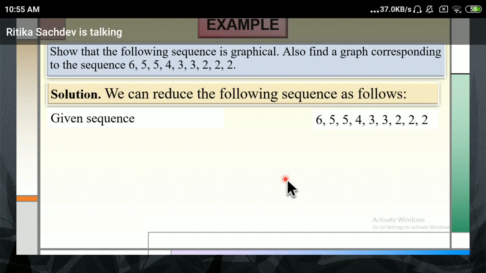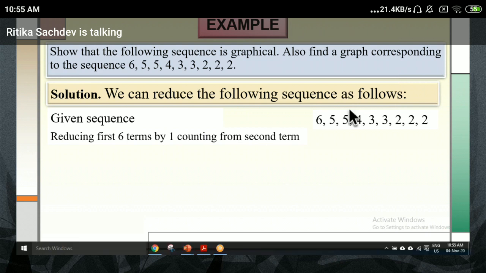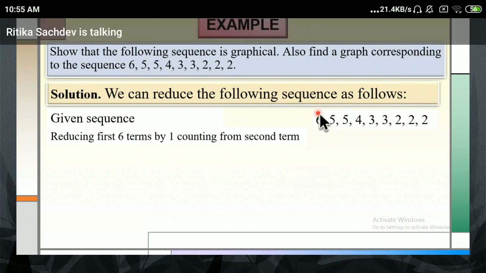Check what is the given sequence. The given sequence is 6 5 5 4 3 3 2 2 2. Now in the next sequence, where do we have to start? From the second term. Reducing first 6 terms by 1, counting from second term. So we don't write the first 6 at all. We drop the 6 and start from the second term.